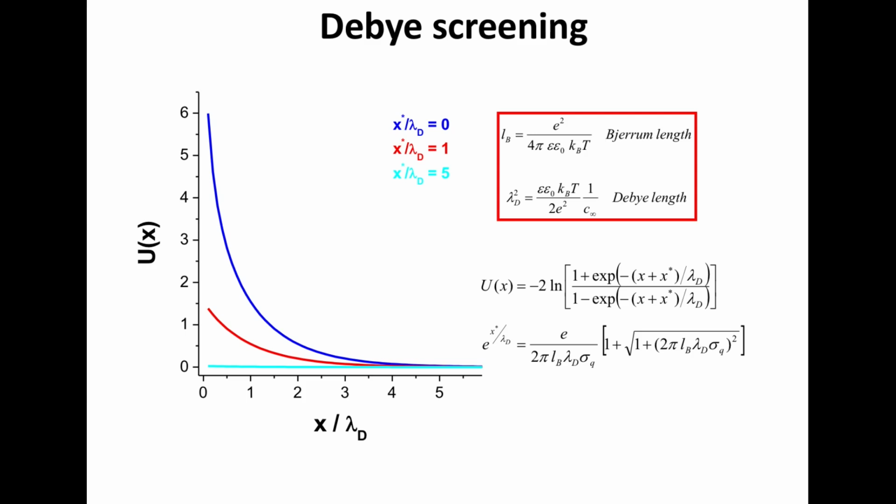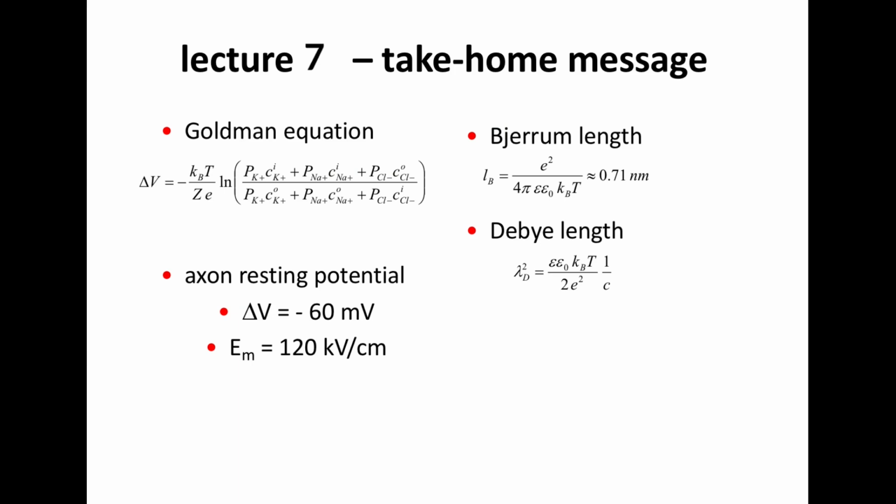Okay, so let's wrap up what we learned in today's lecture. We looked back again into some details on the electric potential that builds up across the membrane, and we arrived at the Goldman equation that tells us the membrane potential as a function of the concentrations of the different ions, potassium, sodium and chlorine, inside and outside of the cell.